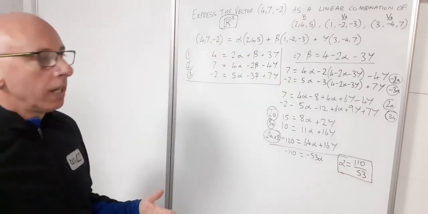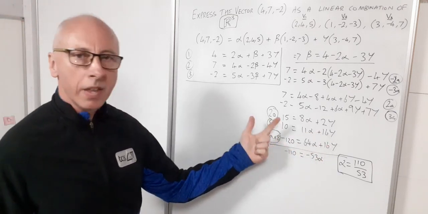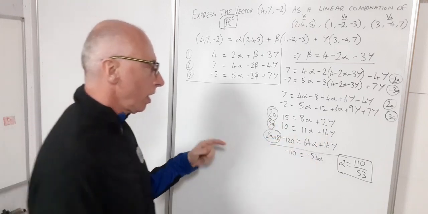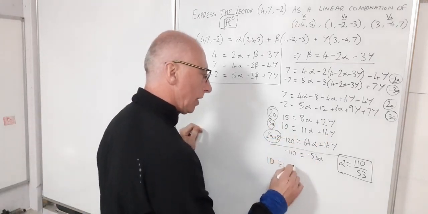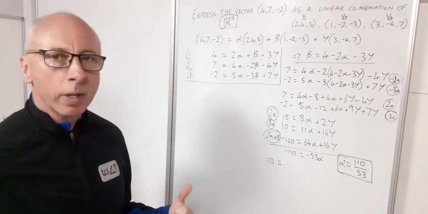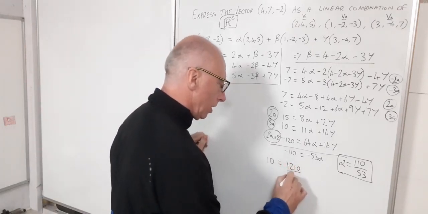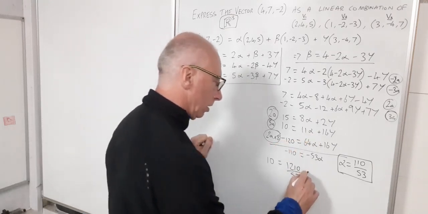So now let's plug that into one of the other two, and then I can get my gamma. So let's plug that into here. 10 equals 11 alpha, so 11 times 110, well, 11 times 11 is 121, stick a 0 on, 1210 over 53, plus 16 gamma.